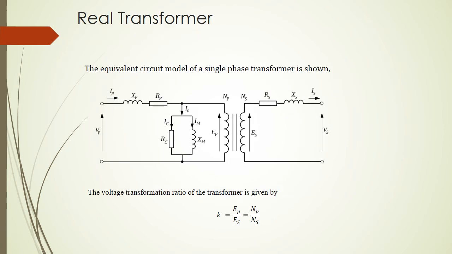In reality, it is not like that, and it is caused by the fact that we have resistive components inside and also inductive components. We also have to provide the transformer with magnetizing current, and the core will have some loss, which can be represented by the RC here.